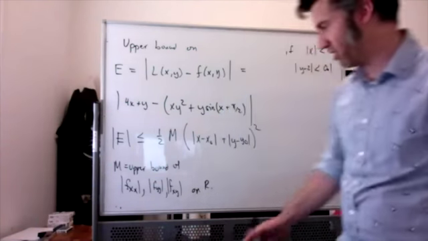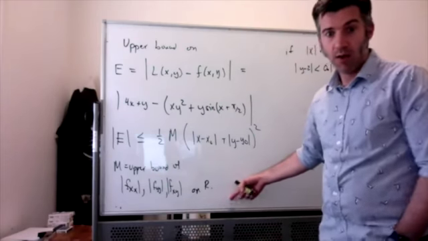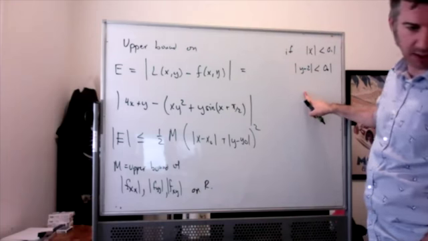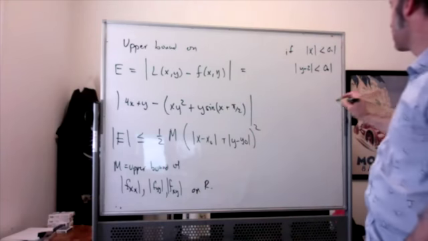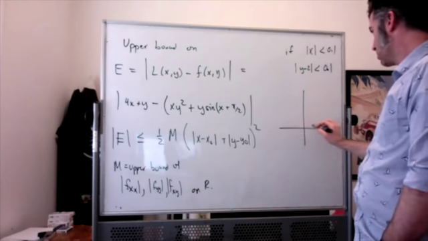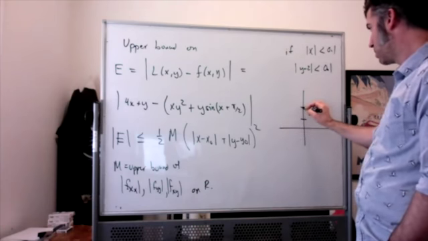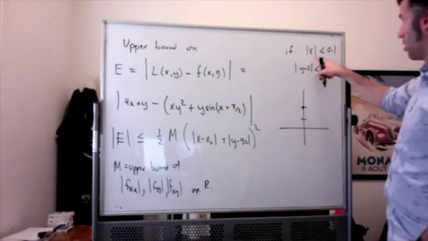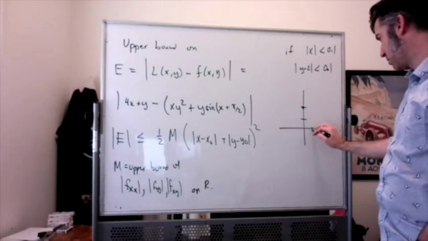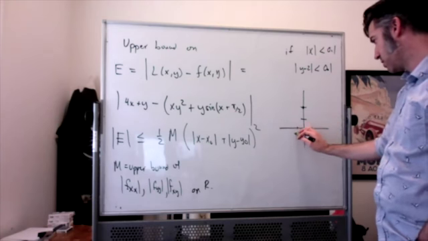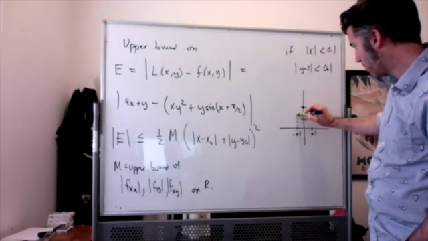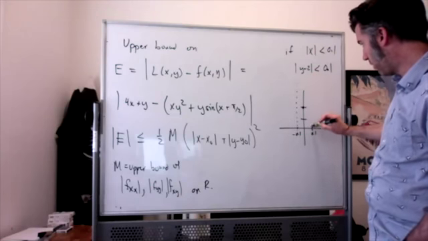Okay, so what do they mean with region? Well, that's what this is describing here. We're looking at the point 0, 2, and we're saying you can go left or right 0.1. So here's 0.1, here's negative 0.1. We can go that far left, that far right.